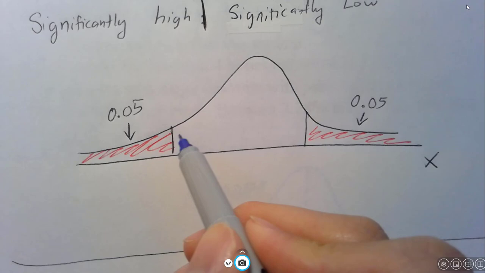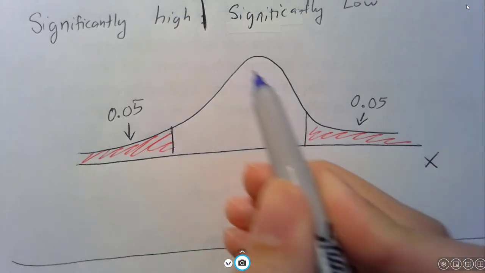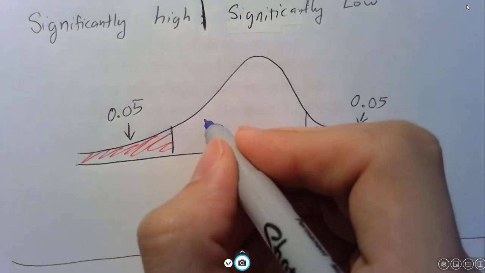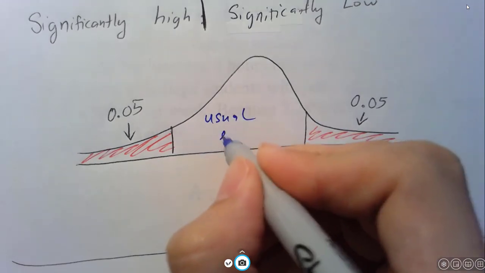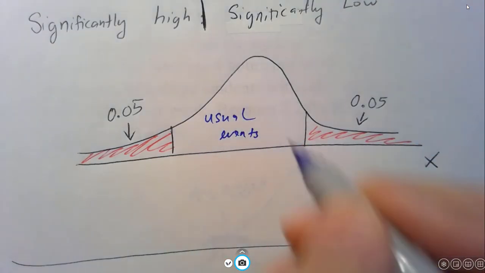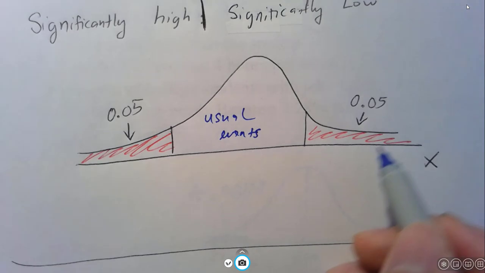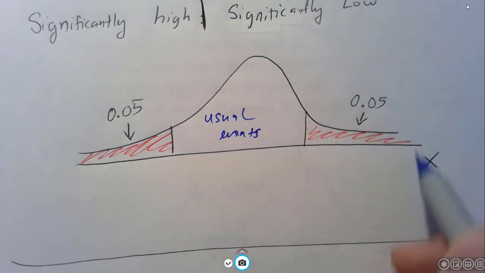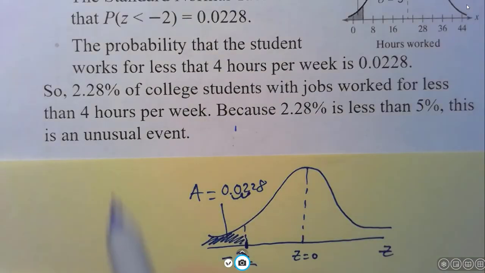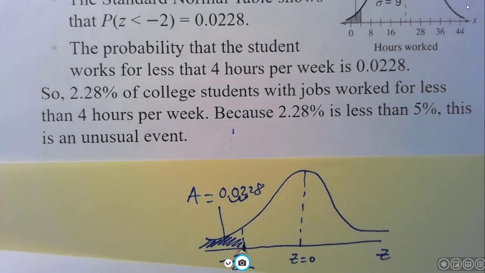Anything in this middle area is considered usual events, and anything outside, in the top 5% or the bottom 5%, is considered unusual events. So in this problem, we have the case of an unusual event.